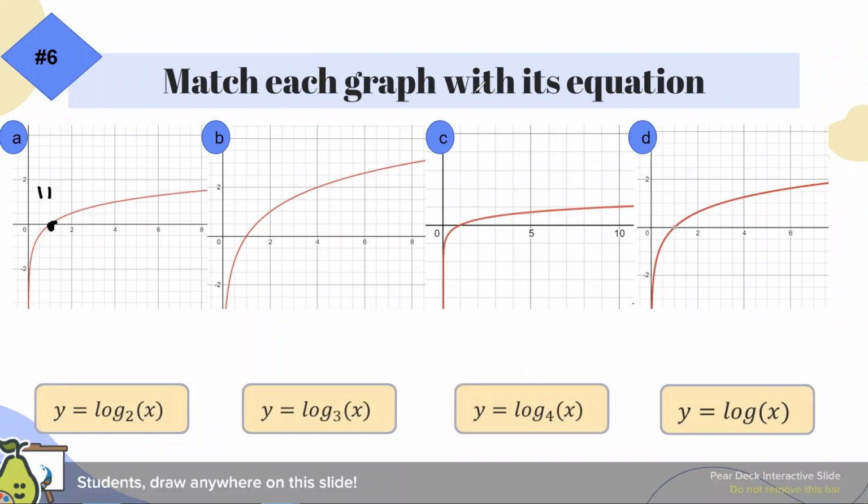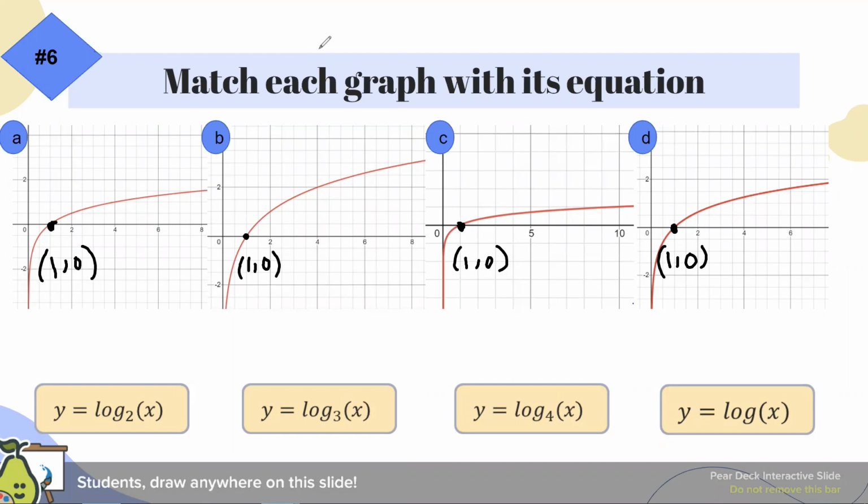And this is the point (1, 0). Right here is also (1, 0). Right here is also (1, 0). And right here is also, gosh darn it, (1, 0). So although that doesn't help us decide which graph is which, because they all have the same point, which is a bit of a bummer.